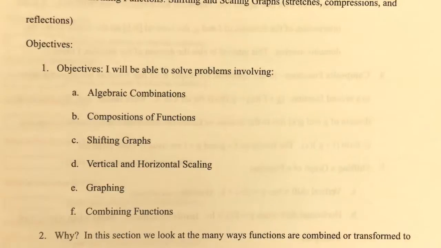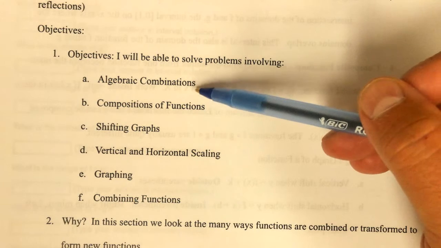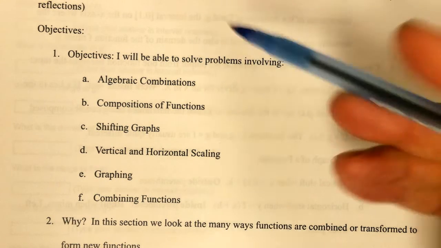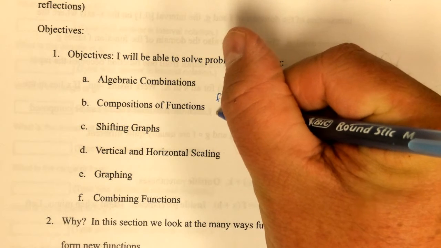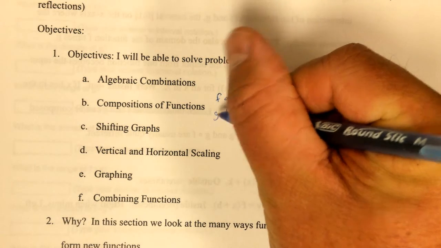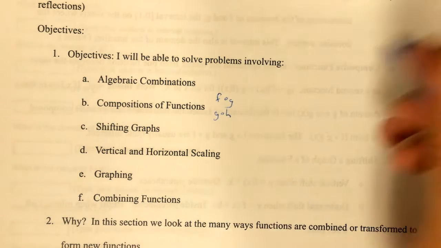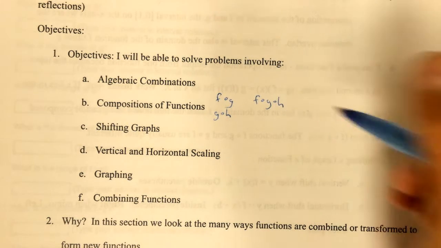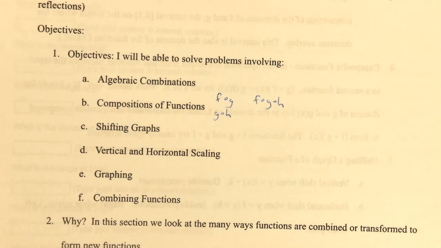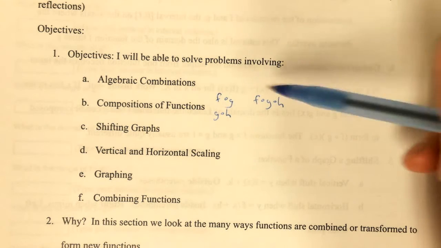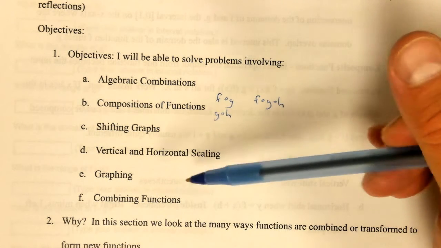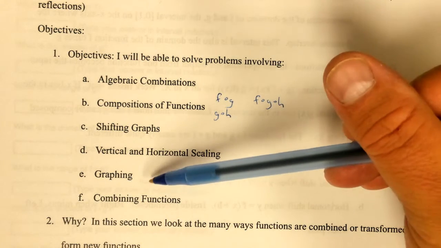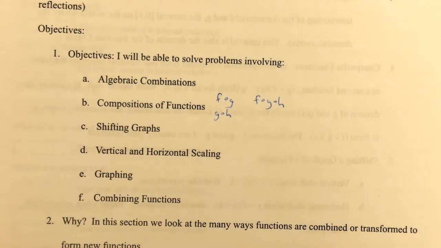Okay, so your objectives are algebraic combinations, compositions of functions, which is when you have things like f circle g, g circle h. You could also have f circle g circle h, like 3 of them. So you really got to pay attention to that part. Shifts, vertical and horizontal scaling, and then graphing and combining functions.